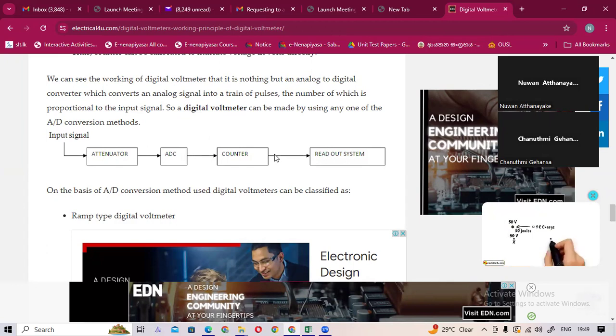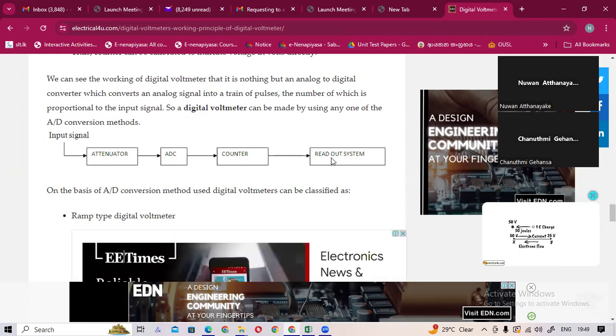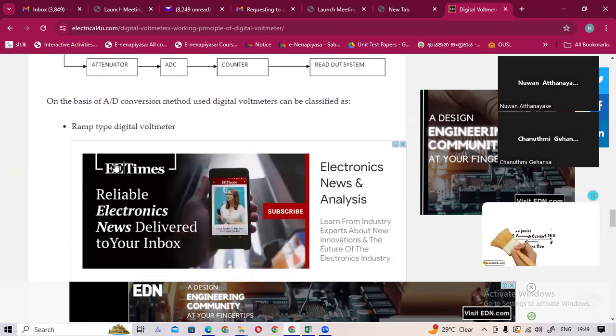Then that count can be made proportional to a voltage value. Then you can read it, you can show it, okay? So the readout system means we have to map this counter value with the voltage value. So there should be a proportional mapping. Then we can see the signal in the display. So this is the basic idea of a digital voltmeter.